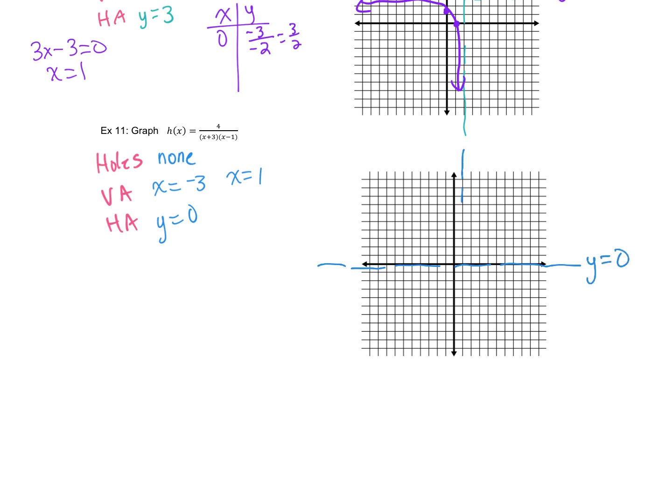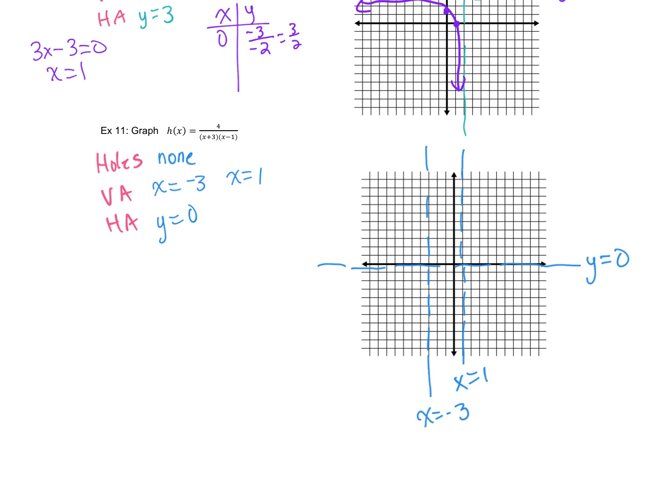So we have x is equal to 1, x is equal to -3. Now from here, we're gonna plug in some points to figure out what's going on in the different intervals.